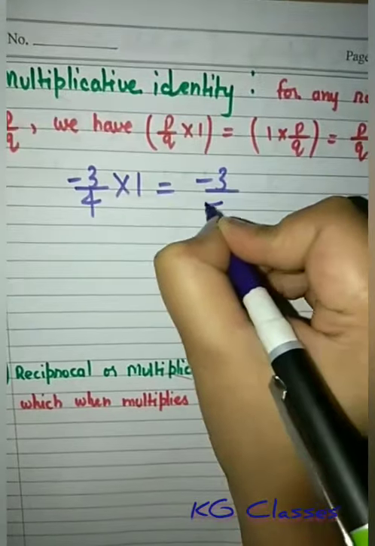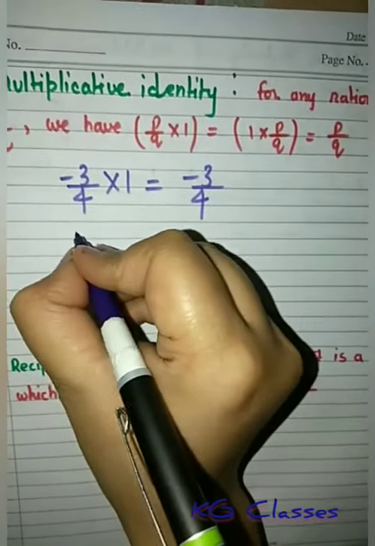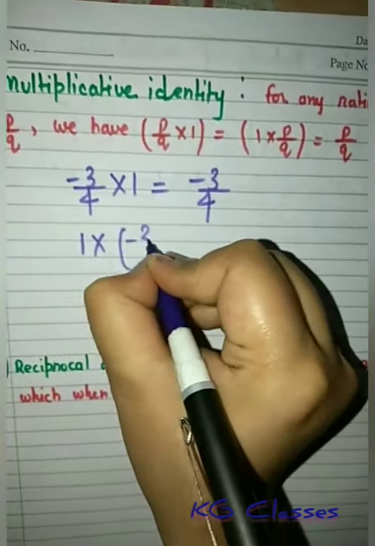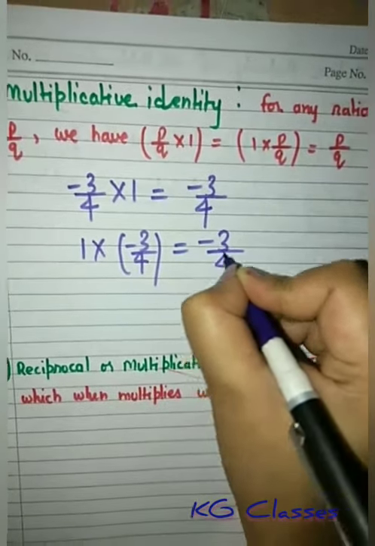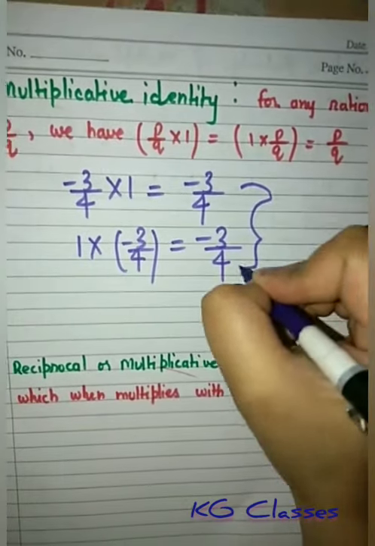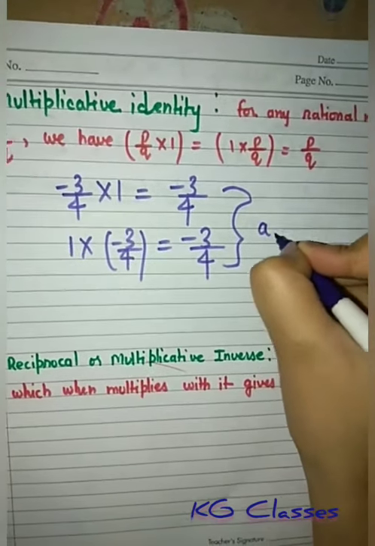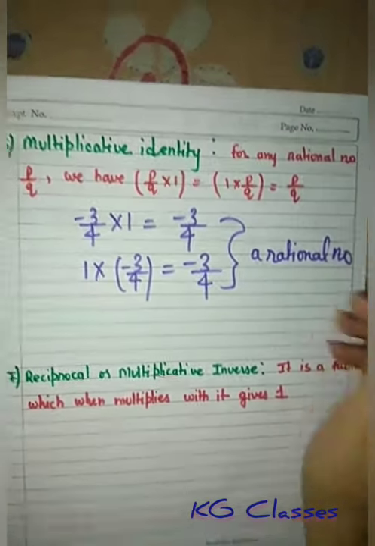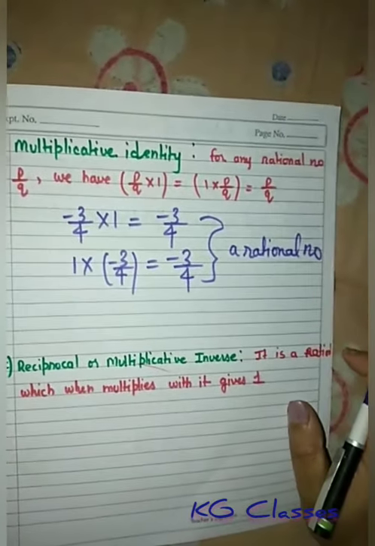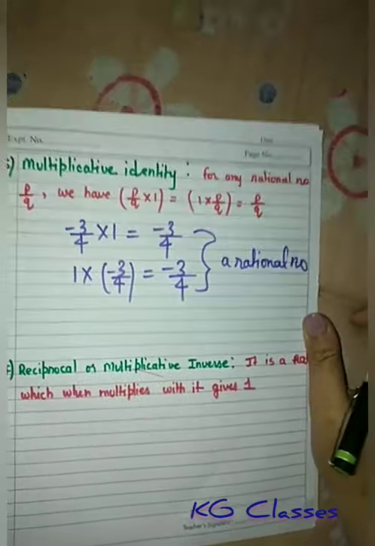Minus 3 by 4 itself. If we multiply minus 3 by 4 by 1, then also we will get minus 3 by 4 itself. In both situations, we will get the rational number itself. So this is called multiplicative identity. It is clear.